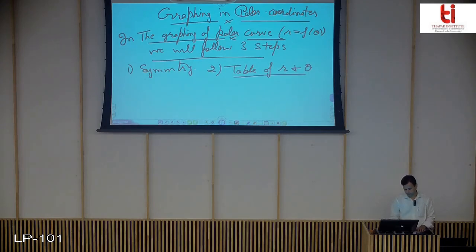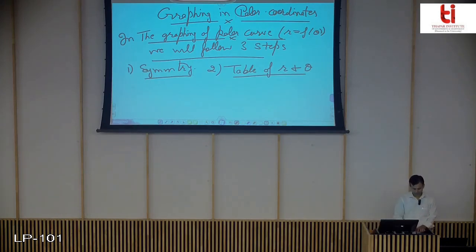Based upon the symmetry, we create a table corresponding to each theta and its r, and usually we take very known values of theta like 0, 30, 45, 60, 90, 120, 135, 150, 180, like this.